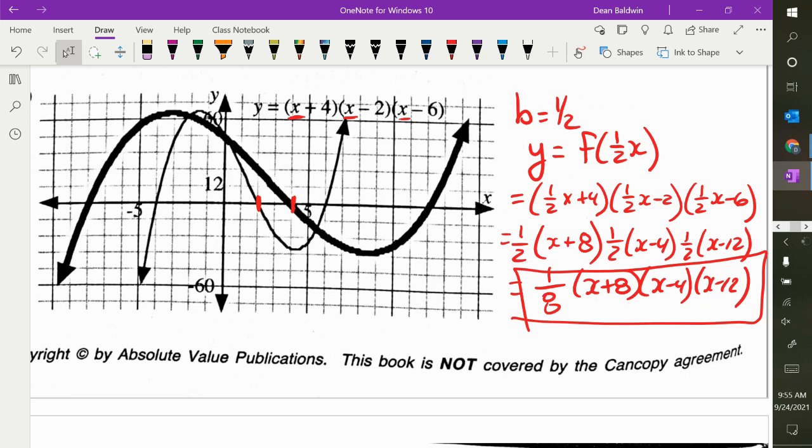Correct? Remember doing that stuff? Yeah. Works the same way for this. What are my x-intercepts here? -8, +4, +12. Is that 12? Yeah, it's 12. 4, -8. There's your x-intercepts. So it matches. That is it for today.